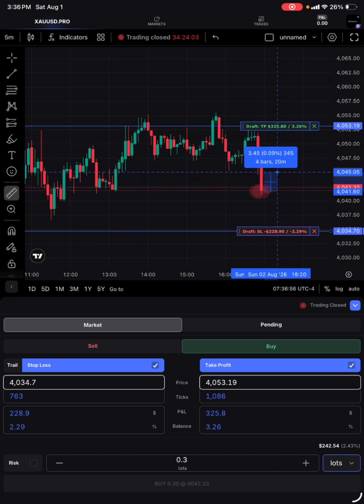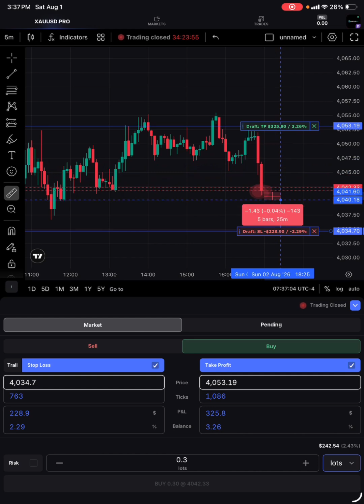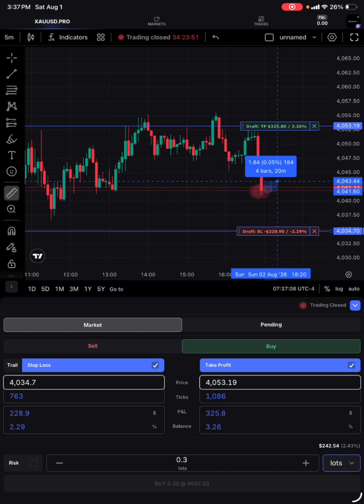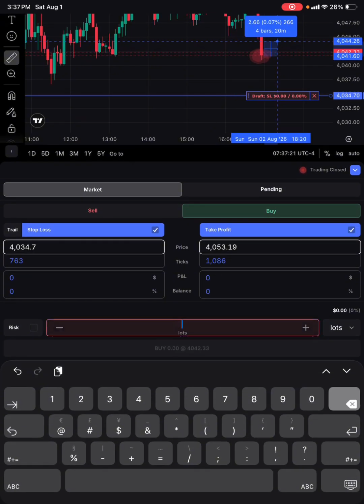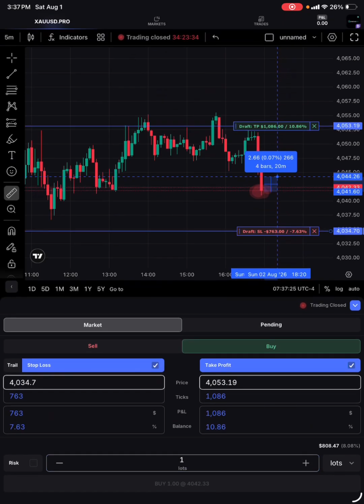Sometimes if you're just scalping and the market's scalping, you can take partials at 30 pips, 40 pips. By 50 pips, 60 pips, your stop loss should be moved at least 10 pips into profit. So it's a fully risk-free trade, but you leave with something. Now on a smaller account it may not seem like a lot, but on a bigger account, when I drop 1 lot, which is the average of what I do, I'm risking 700 to make 1,000.